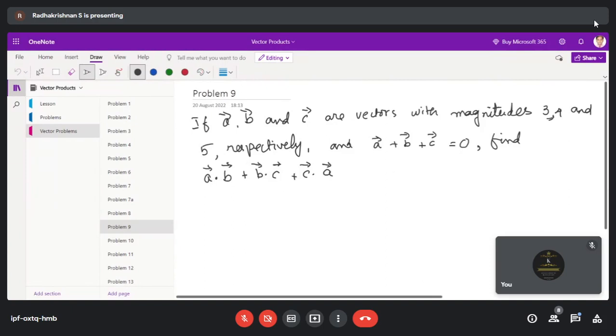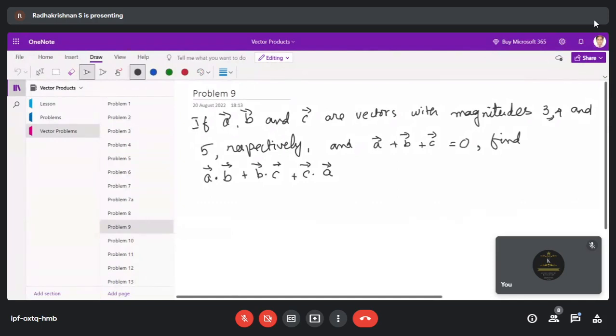So if A plus B plus C equals 0, what do we infer from that? We go from A to B, and then B to C, and then C to A, and we come back to the same place because it's 0. So A, B, and C form a triangle.